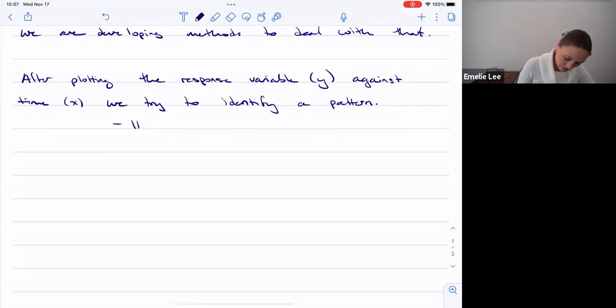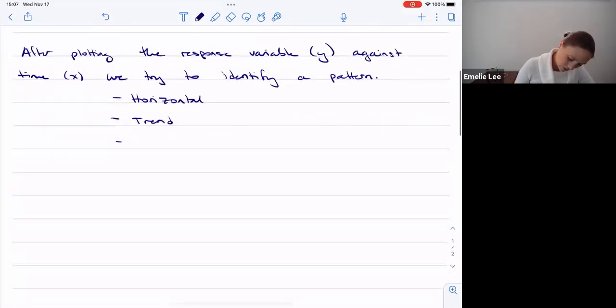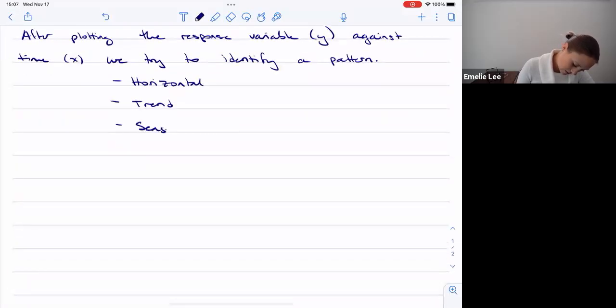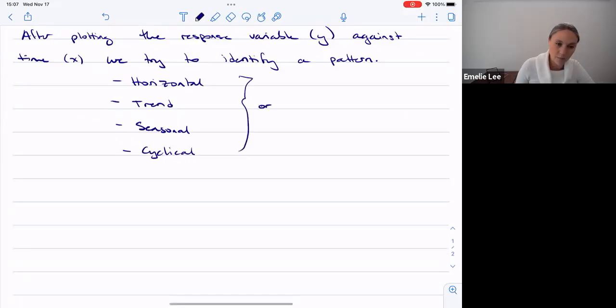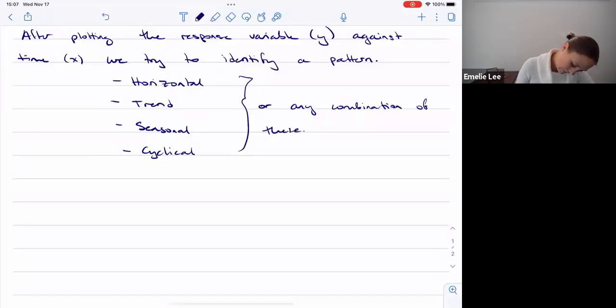So it could be horizontal, it could be a trend, it could be seasonal, it could be cyclical, or any combination of these. Okay. There's probably other patterns too, but we're going to focus on these ones.